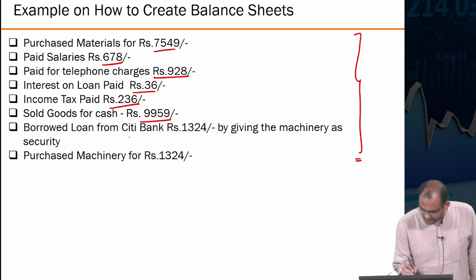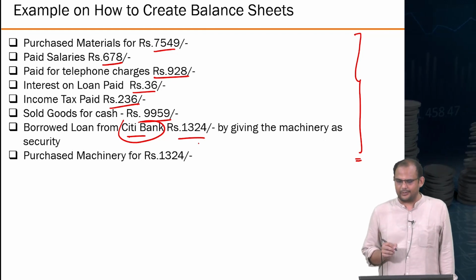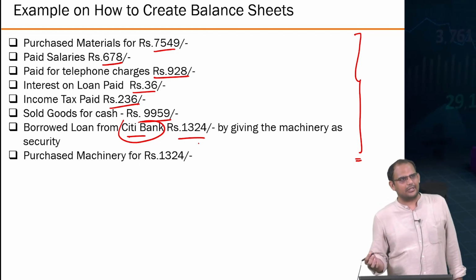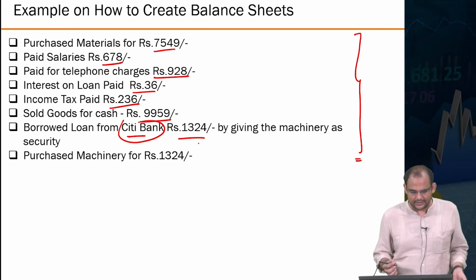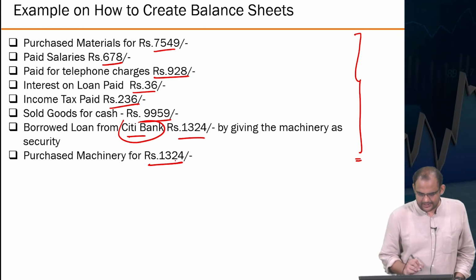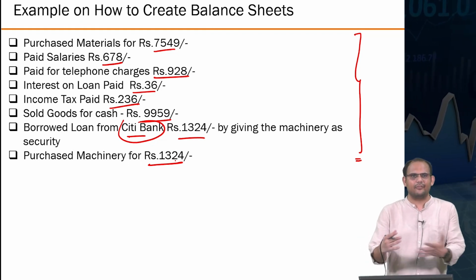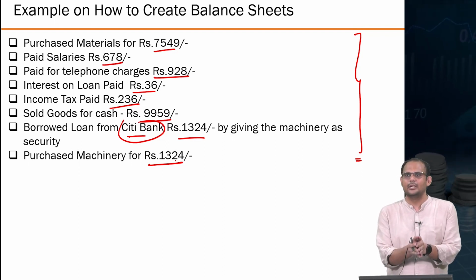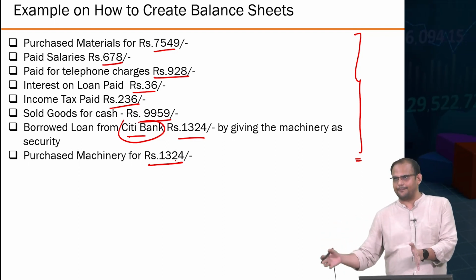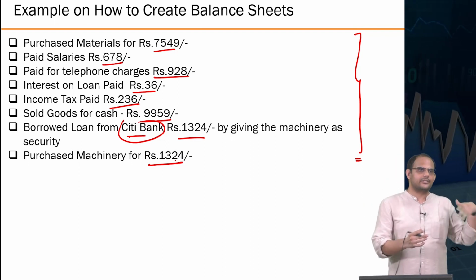You borrowed a loan from Citibank, I don't know why Citibank particularly, but yeah, 1,324 by giving machinery as a security. So this was a secured loan, right? We saw what is secured loan and unsecured loan. And you purchased a machinery of 1,324. So imagine such kind of transactions are given. Of course, this information is not sufficient for you to make the entire balance sheet of a company, because balance sheet would be affected by all the transactions since the beginning.